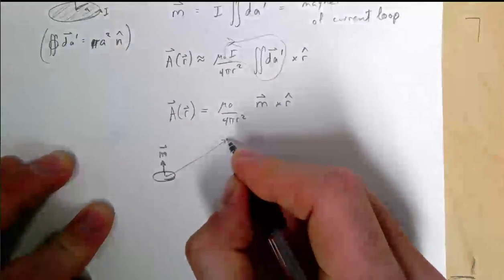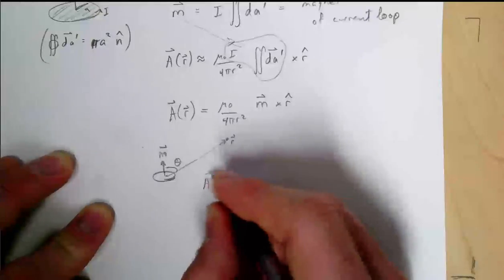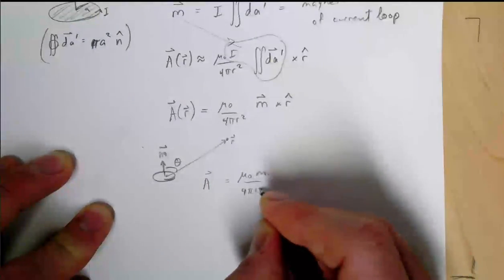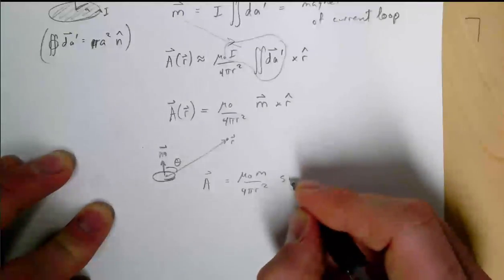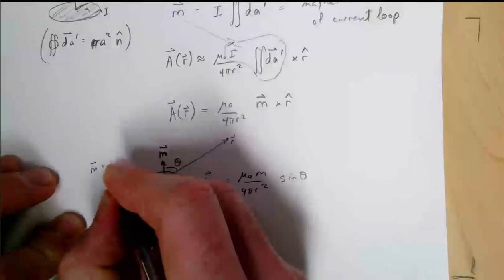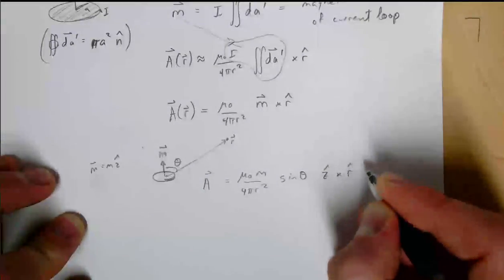And if here's my point r that I'm interested in, and this is the angle between them, then A would be equal to mu naught m over 4 pi r squared times the sine of the angle between them. And in this case, since m points in the z hat direction, m equals m in the z hat direction, this would be z hat crossed with r hat.